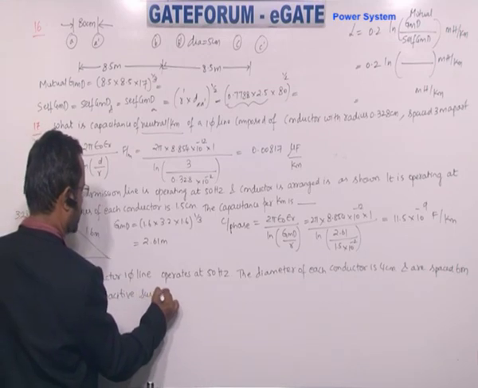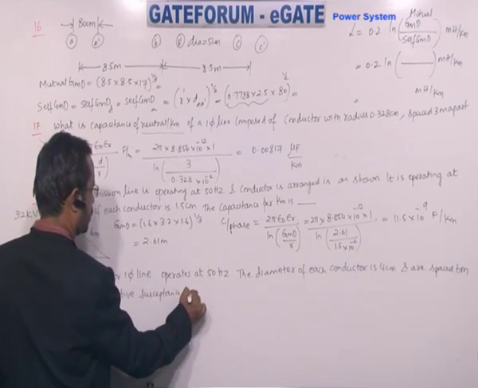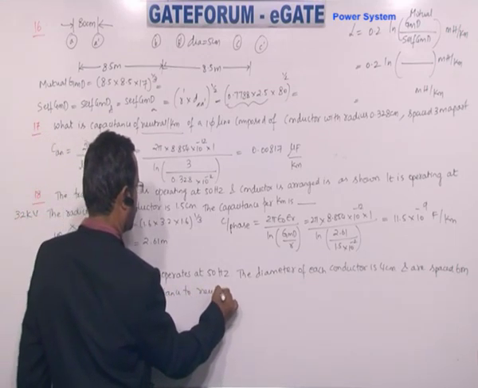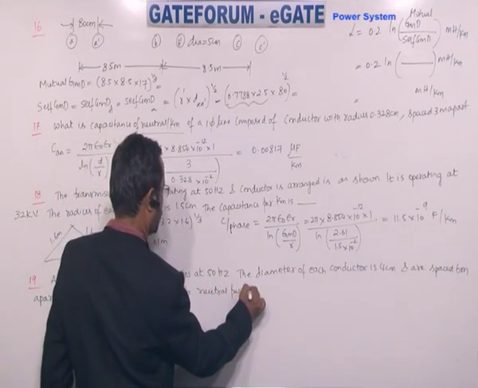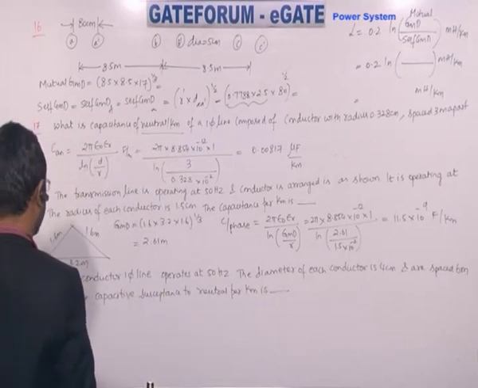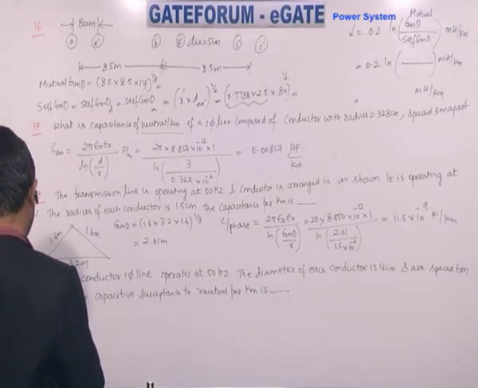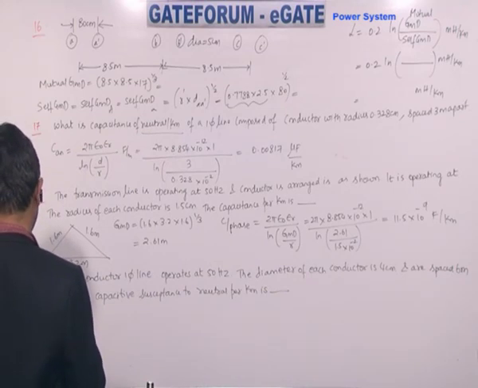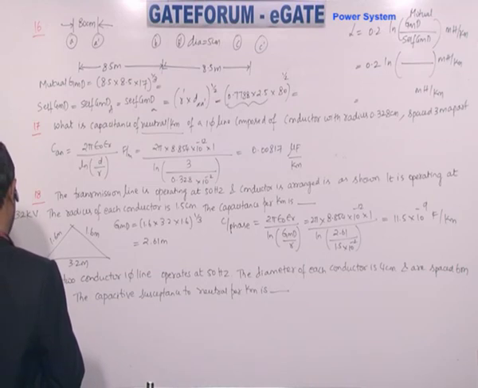The capacitive susceptance to the neutral per kilometer is. Capacitive susceptance to neutral per kilometer is what we have to calculate here.